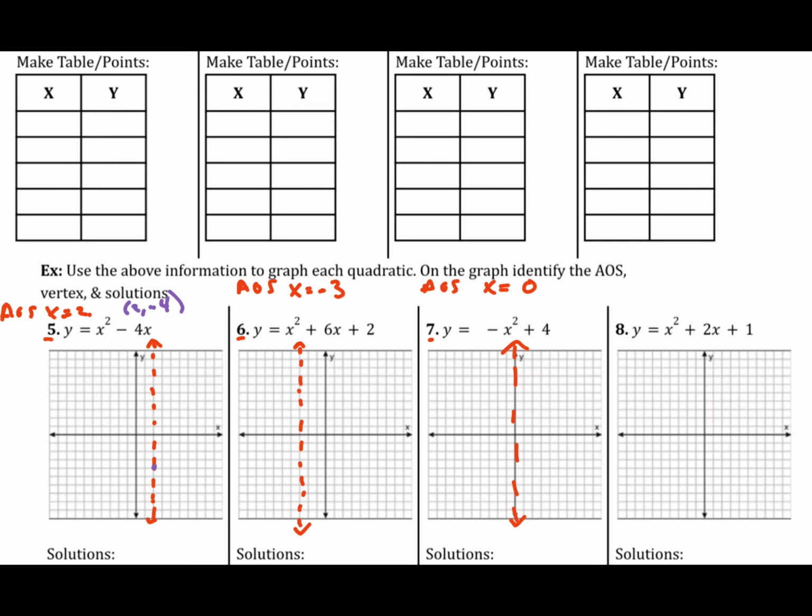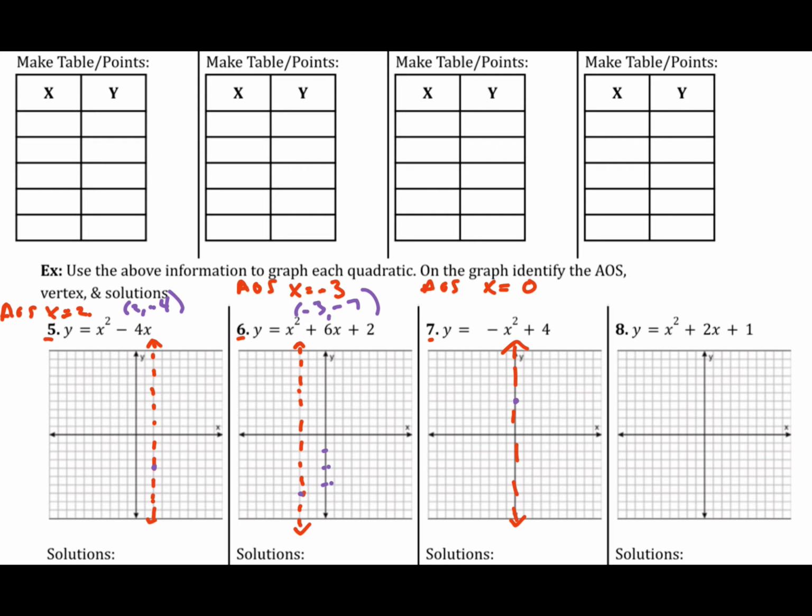We said that the vertex on number 6 is negative 3, negative 7, so this is 2, 4, 6, 7, negative 3, negative 7, and 0, positive 4. So now we have graphed the axis of symmetry and the vertex for each of these first 3 quadratics.